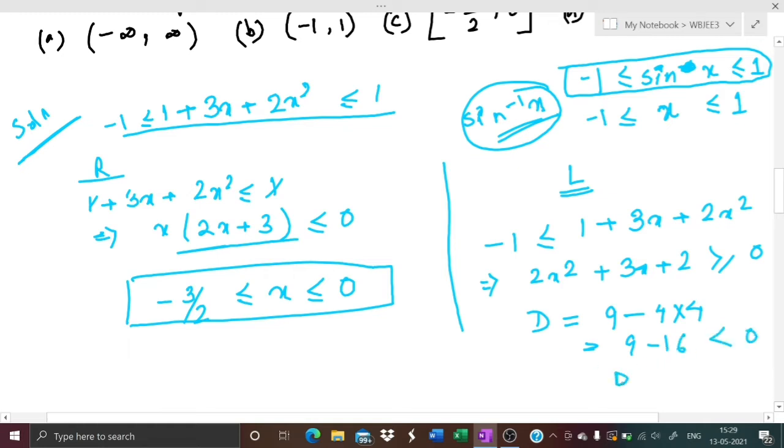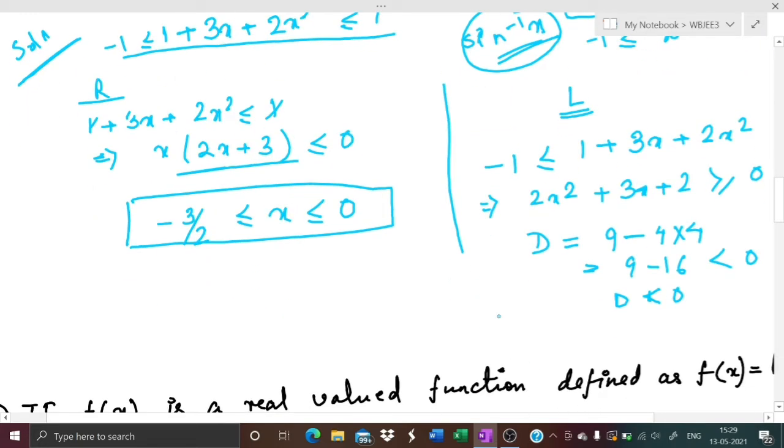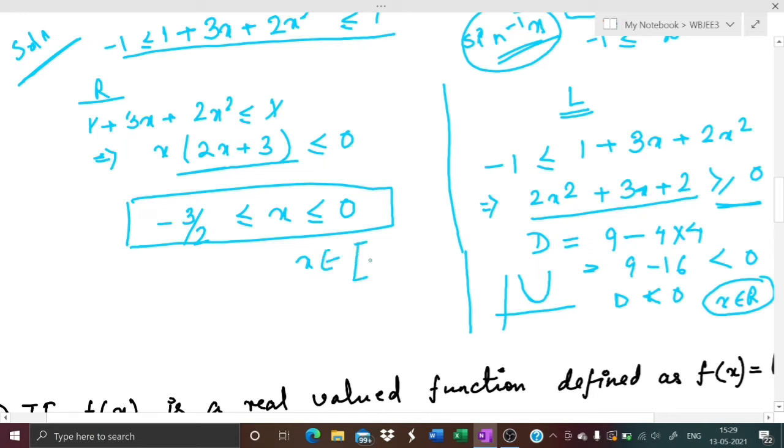Discriminant is negative. So this quadratic function is always greater than 0, because the graph will come out to be like this. Always positive. So this is true for all values of x. We have got from here that x belongs to R, and from here x belongs to the closed interval -3/2 to 0.